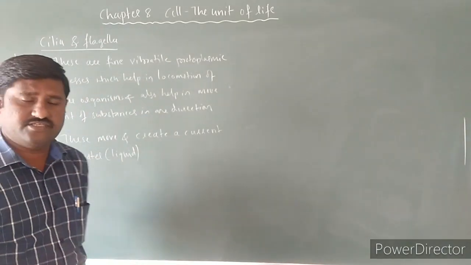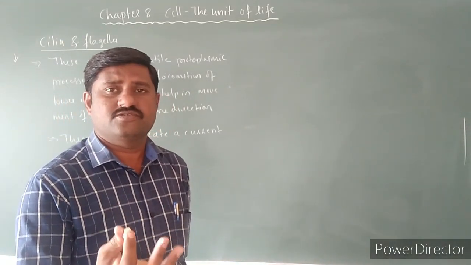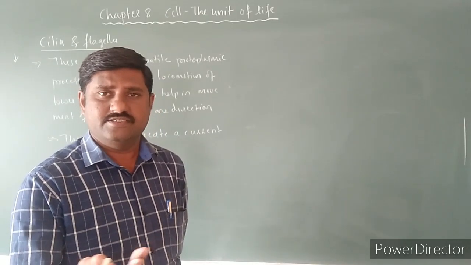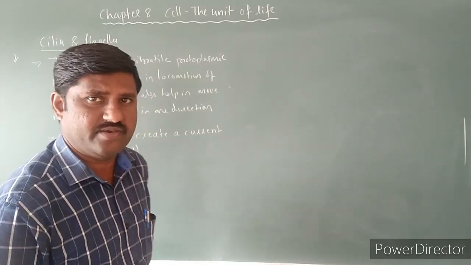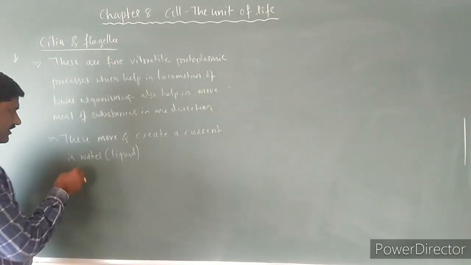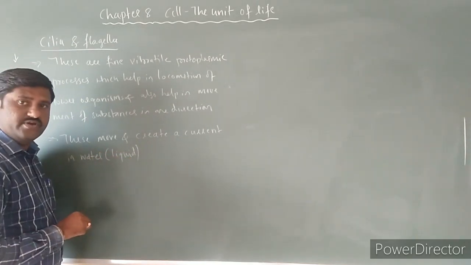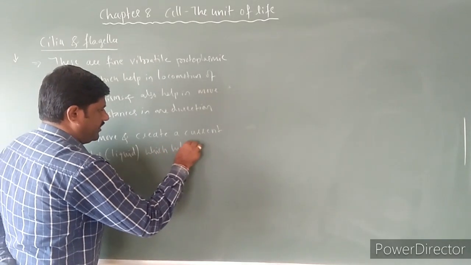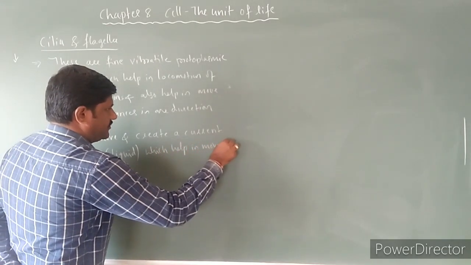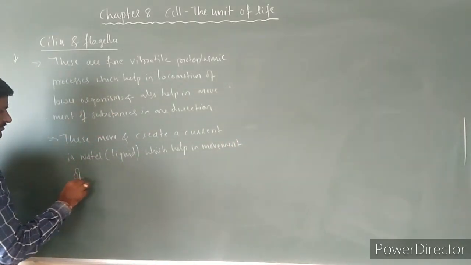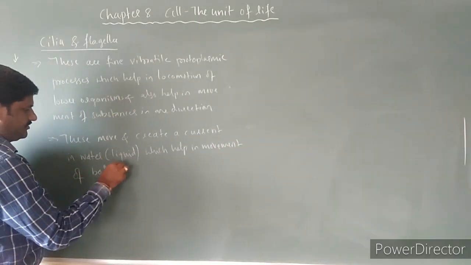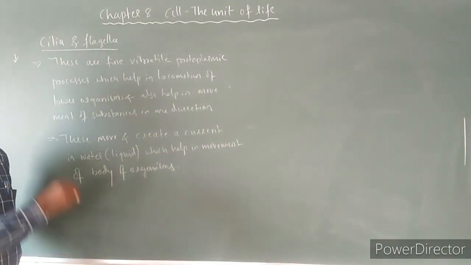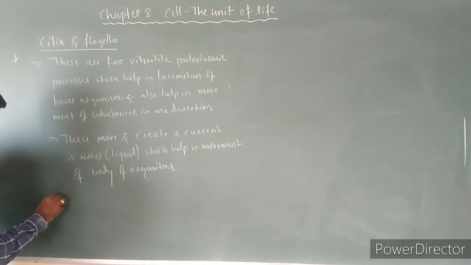Why? Because bacteria usually are grown in one petri plate, in a medium that may not be water, it may be a sugar medium or something else, right? That's why, in water or any other liquid medium, they help in movement of the body of organisms, right? So these are nothing but cilia as well as flagella.